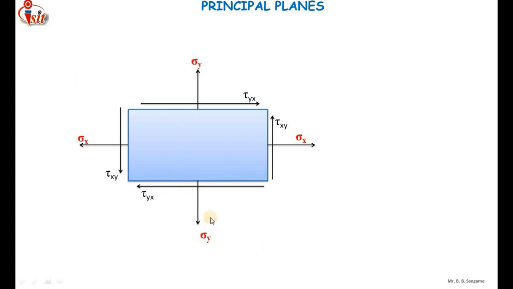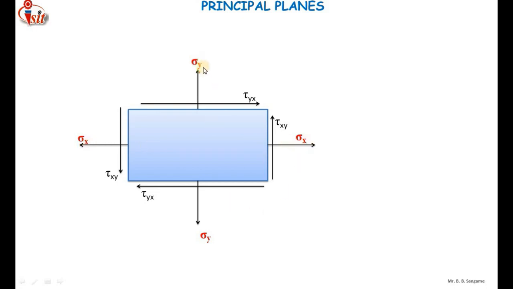So here in this case you can see that I have applied an axial force along the x-axis which is inducing the axial tensile stress, which is called sigma x.